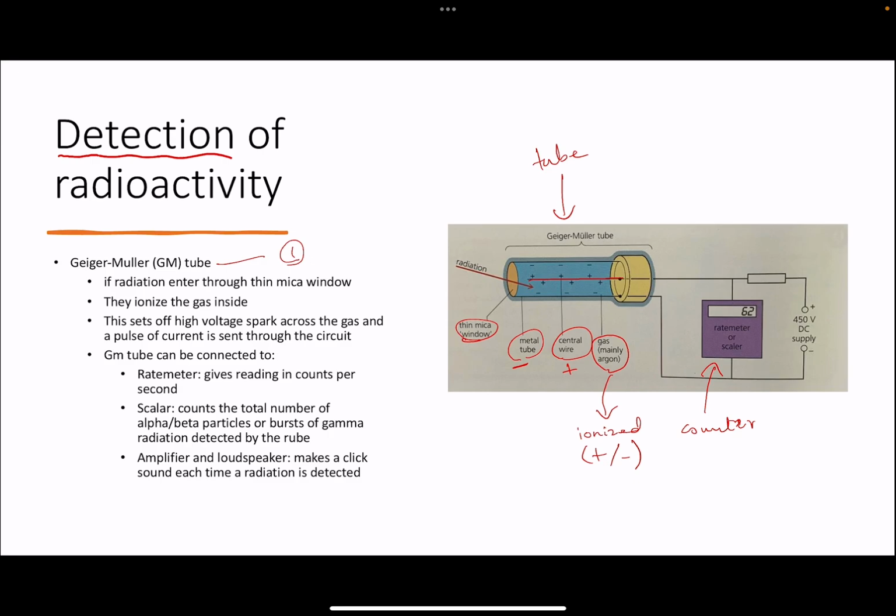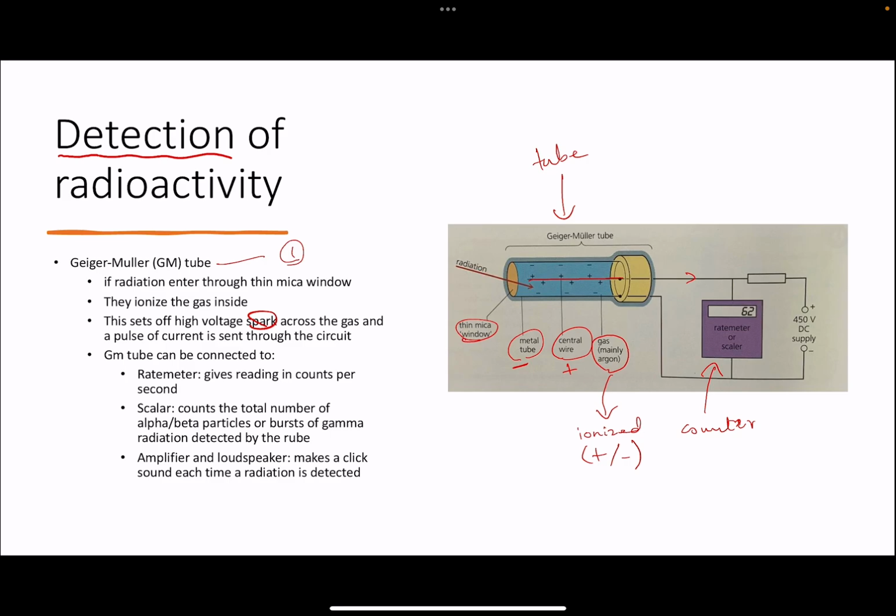So electrons will go towards the positive electrode, and the positively charged ions will go towards the negatively charged electrode. And this basically creates a voltage inside the tube, and there's a spark that occurs, and it sends a pulse of current down the circuit.